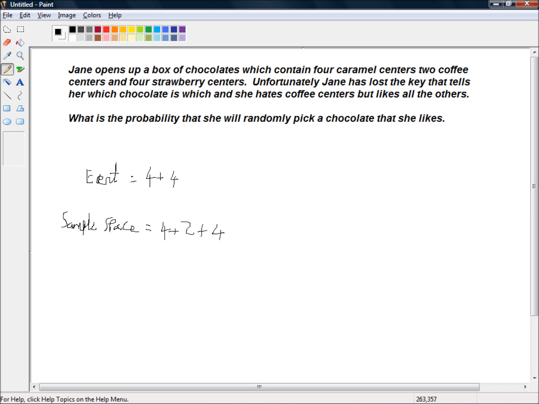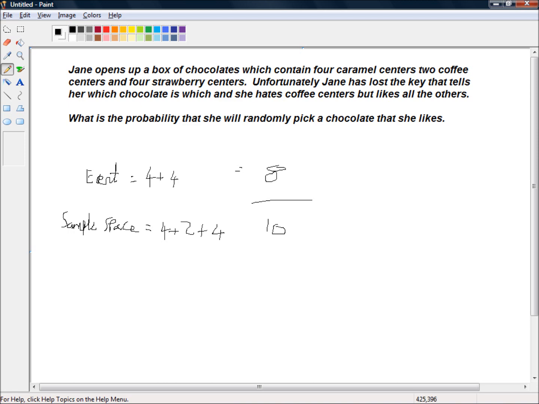That is to say, 4 caramel centres, 2 coffee centres and 4 strawberry centres. So our event is equal to 4 plus 4, which is 8, and our sample space is 4 plus 2 plus 4, which is 10.